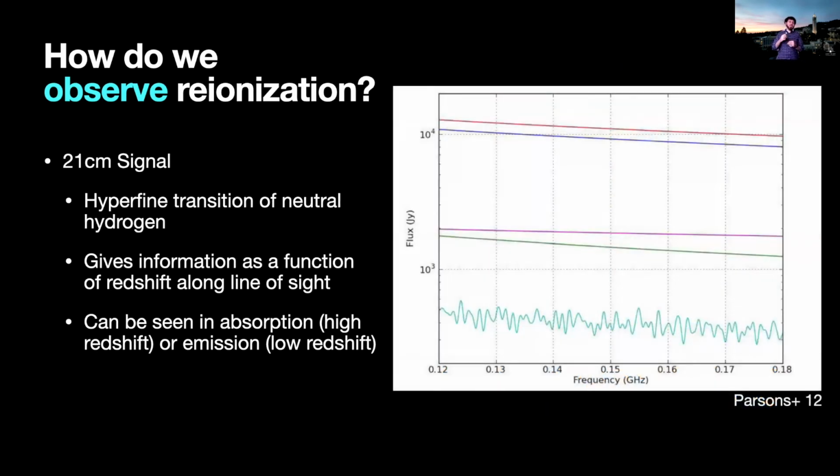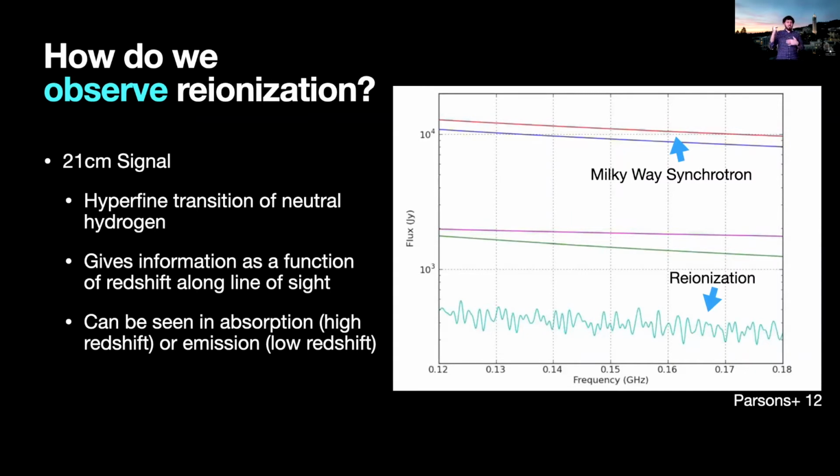One catch, though, is that it is intrinsically a very faint signal. This is looking at it a different way, if you were trying to observe it. The very relatively bright emission here. This is a toy example: the brightness as a function of frequency of different features. The top up here is synchrotron radiation from our own Milky Way galaxy, and at the bottom here is reionization.